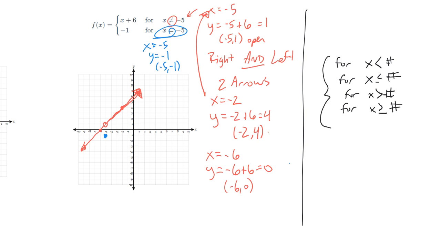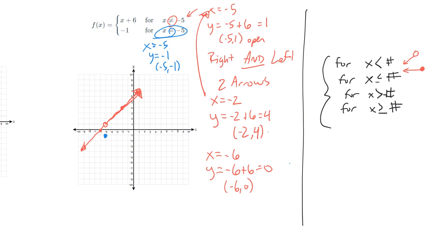Let's do it one at a time. If you have x less than a number, you should have an open circle and a line going to the left with an arrow. For less than or equal to, you should have a closed circle and a line going to the left with an arrow. I don't know what the slope is, but that should be happening, right?